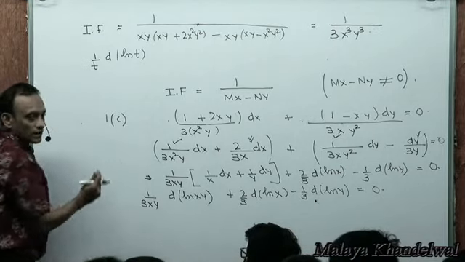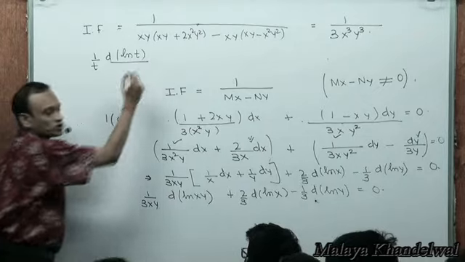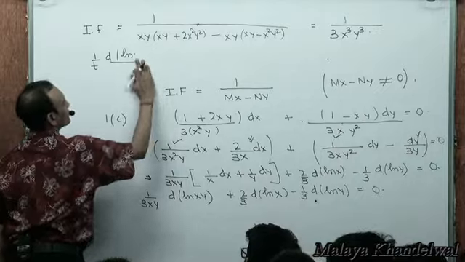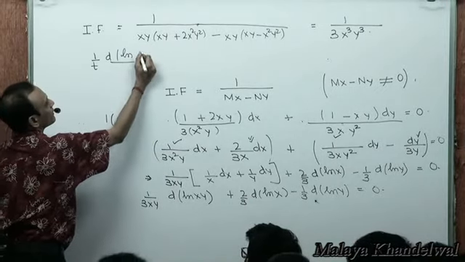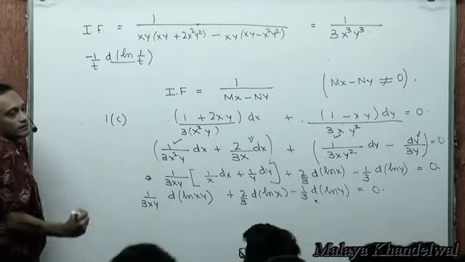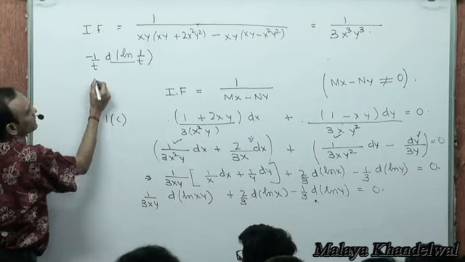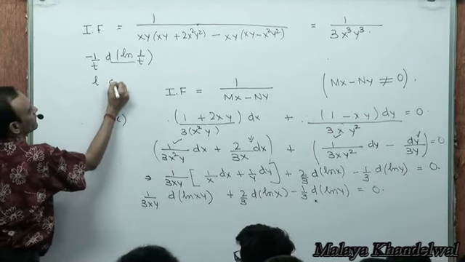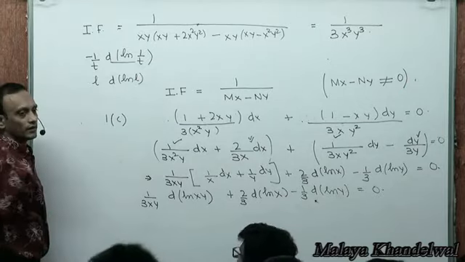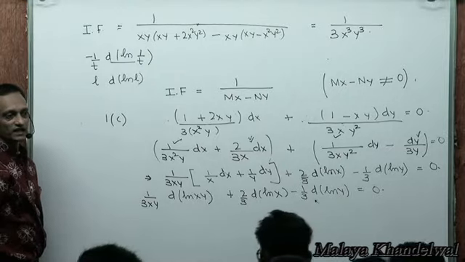What would this be? 1 by t d of log t. So it's like you can take 1 by t and with a minus sign, right? Yes or no? And this is like something like L d of log L. What would this exact differential be?